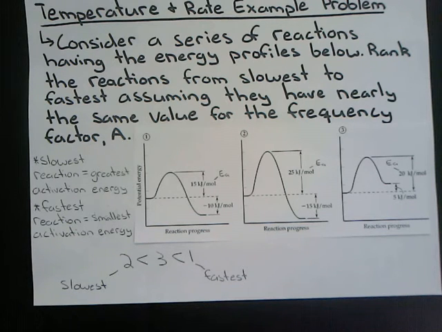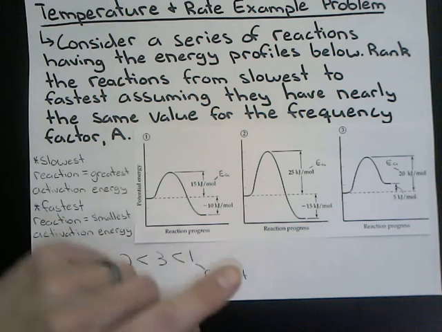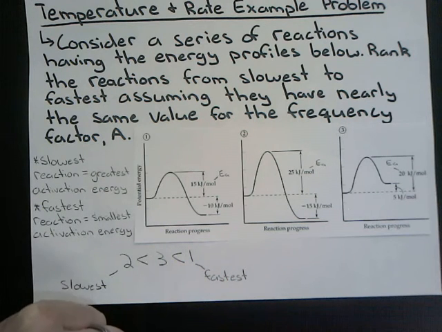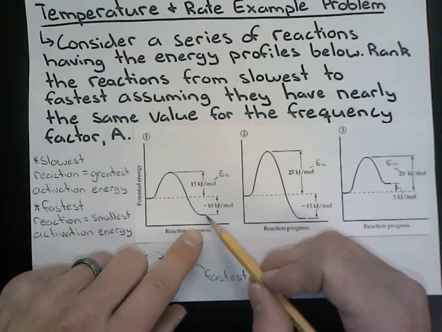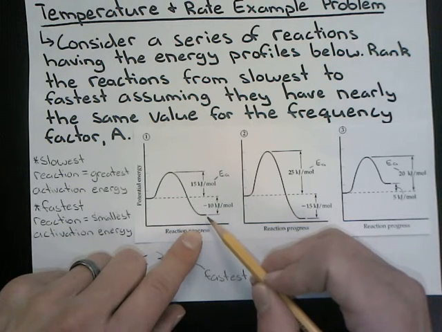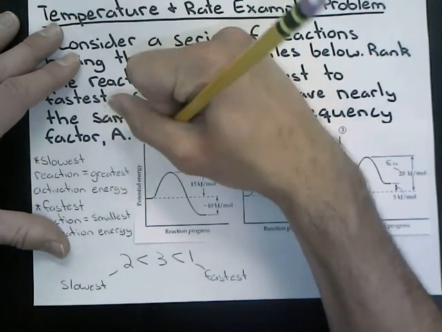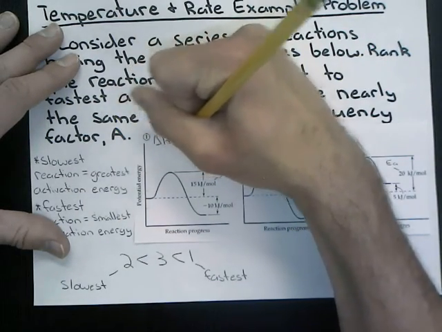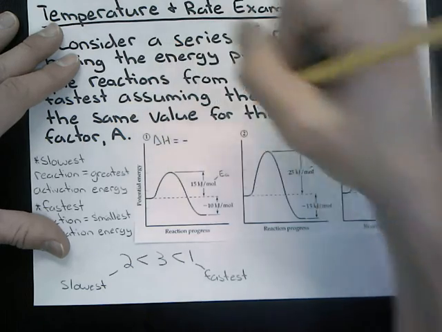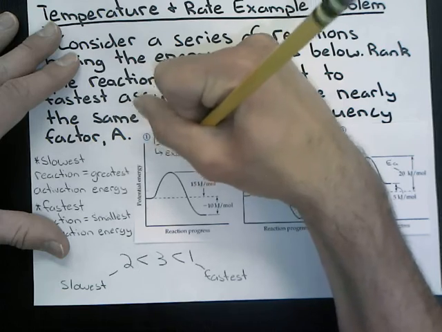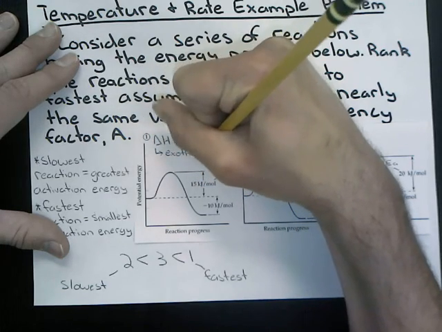So remember this statement. If the products are lower in energy than the reactants, we have an exothermic reaction. So right here, see how the products at the very bottom are lower in energy than our reactants. This would give us a delta H value that is negative, and this would result in an exothermic reaction.